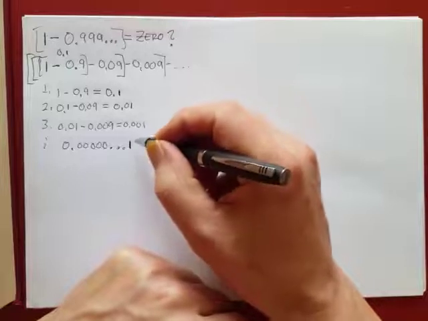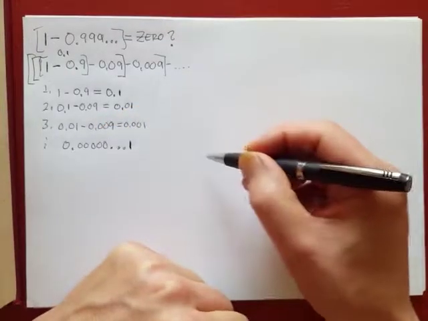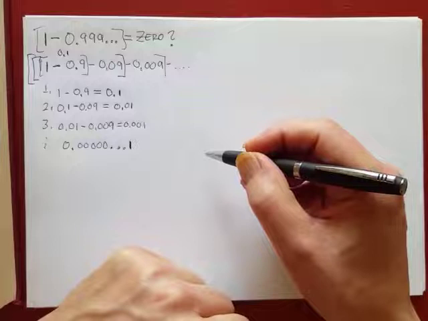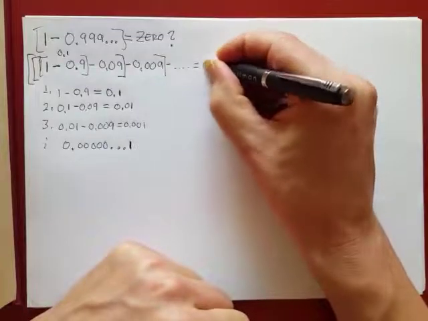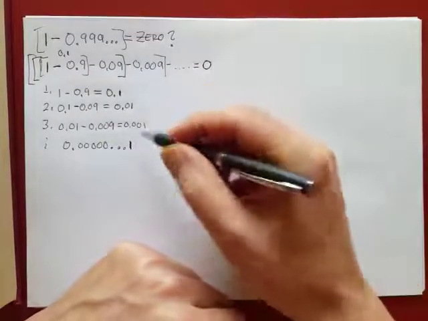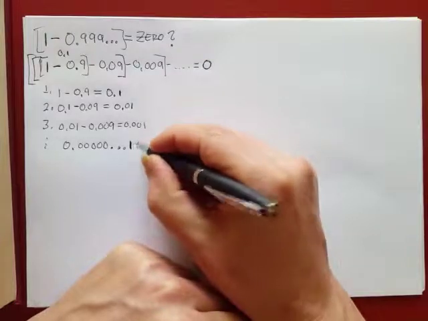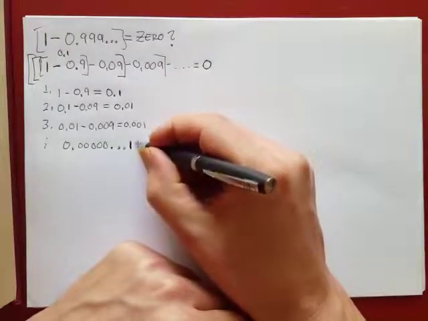And if we do this infinitely, there will be an infinite series of zeros, which tells us that it should be 0. But you may think, yeah, but there is this little 1 there in the end. There is a rest.